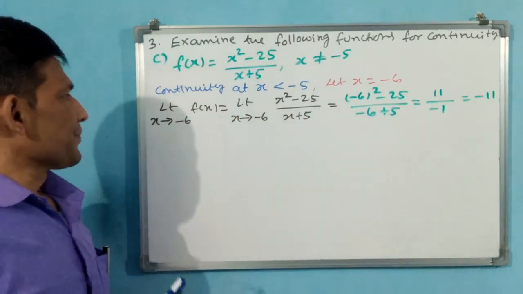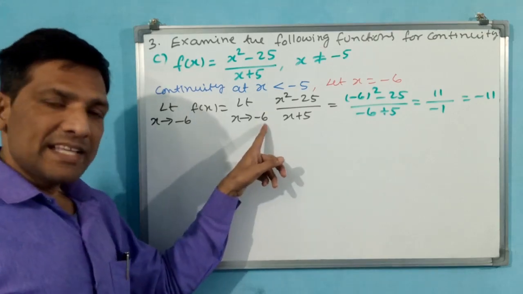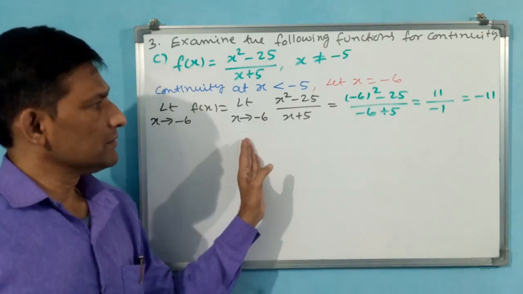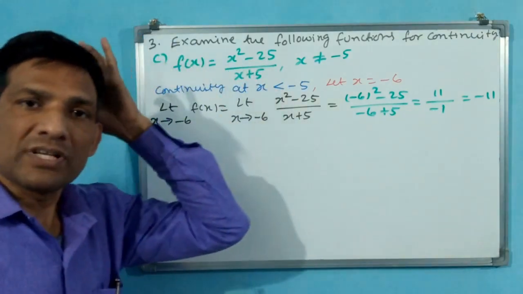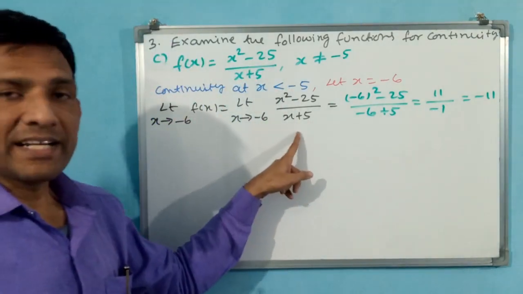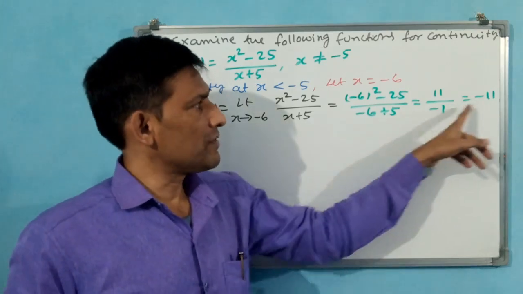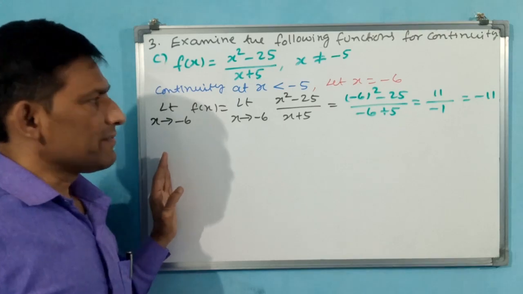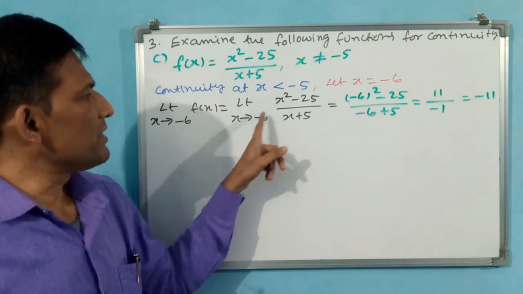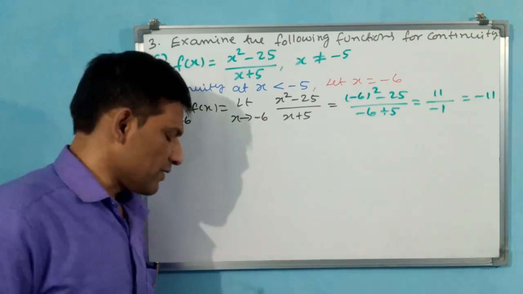Now you tell me, slightly less than minus 5, minus 6. If you give left hand limit, is this value going to change? No. Slightly greater than minus 6 if you give, is this value going to change? No. Then what can we write? We can write left hand limit is equal to right hand limit is equal to limit x tends to minus 6 f of x. Write down first.